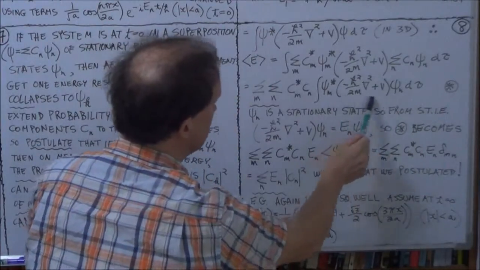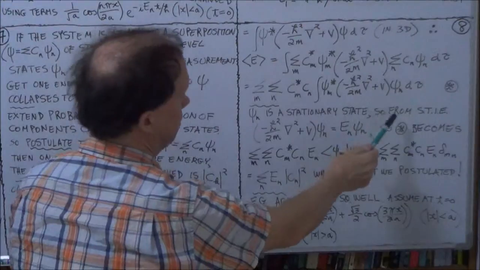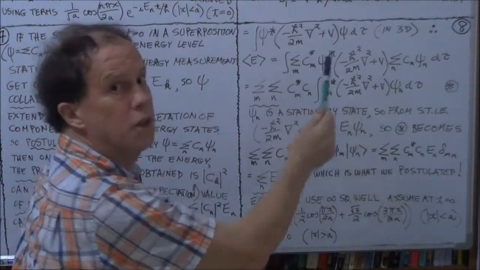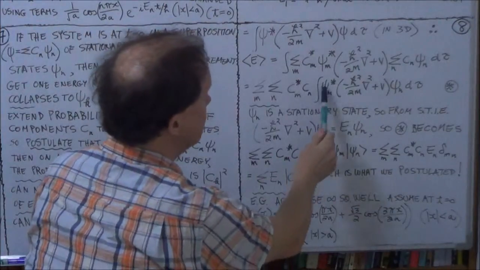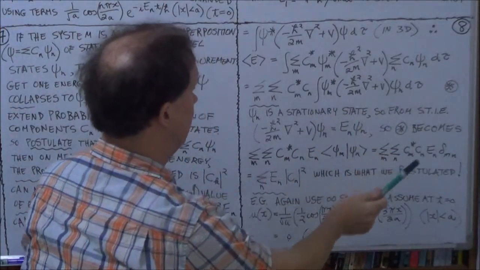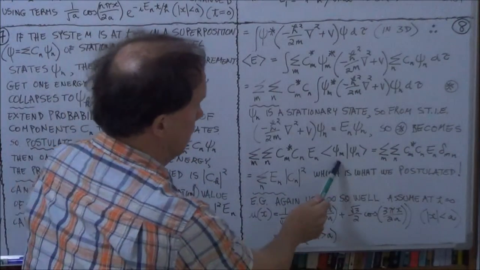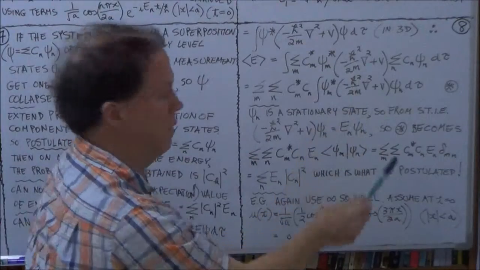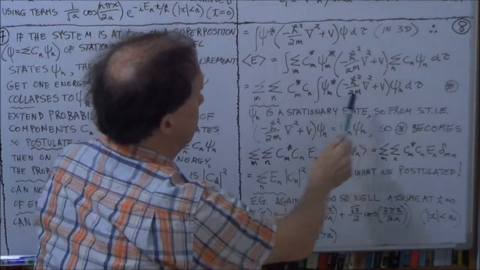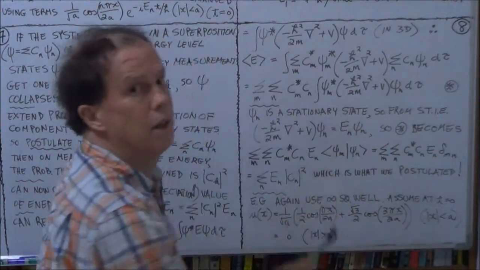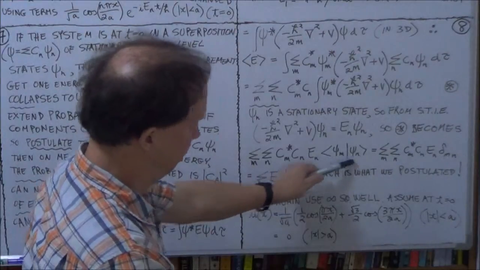With the E coming outside, what you're left with is the overlap integral, integral psi m star psi n, which is just the bracket. We're skipping a step in a sense. So the overlap integral psi m star psi n d volume is just the bracket.